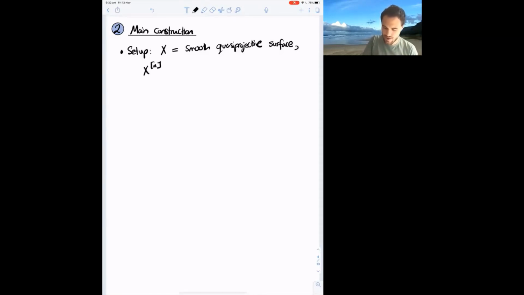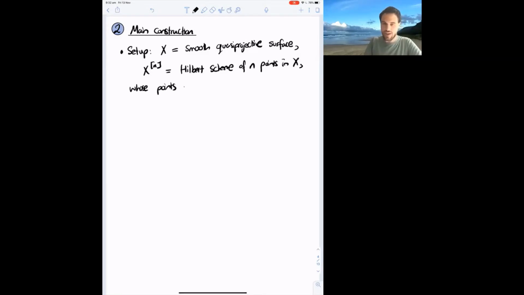And we know that we have the Hilbert scheme X^[n] for each n greater or equal to 0. And the whole time we're going to pass back and forth quite freely between thinking about points of X^[n] as n points or as ideal sheaves.